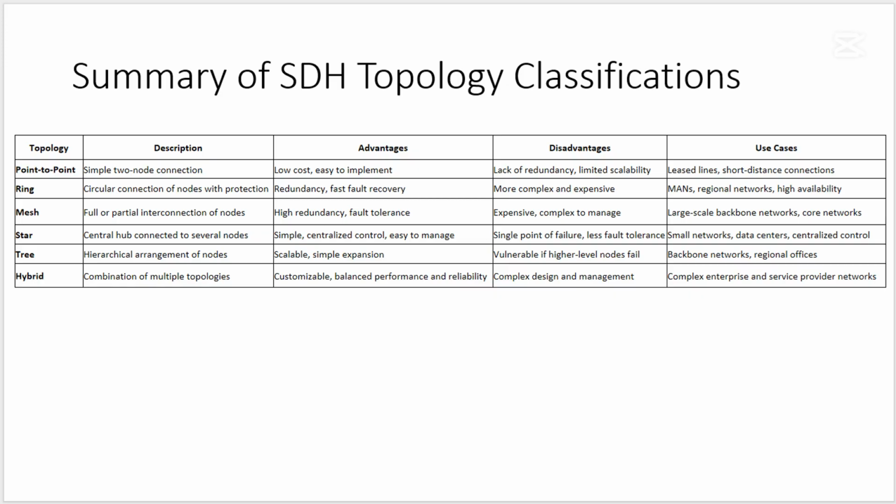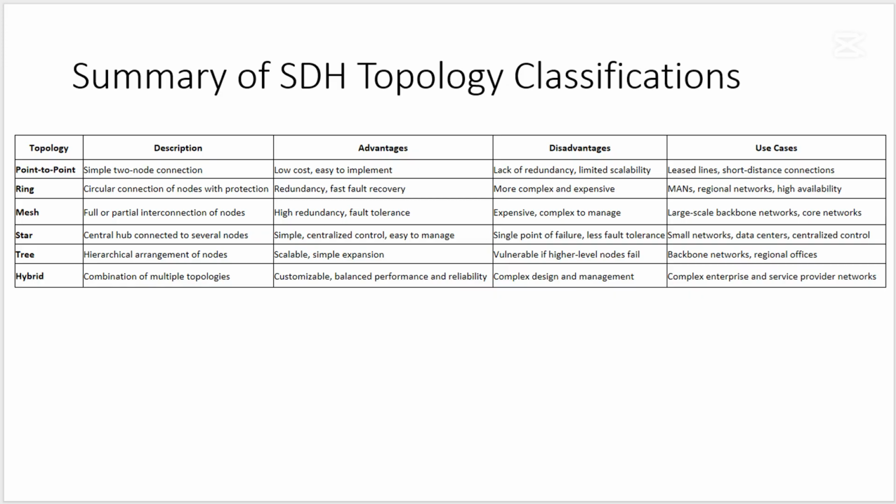Understanding the different topologies, point-to-point, ring, mesh, star, and tree, along with the protection and recovery mechanisms, is essential for designing and maintaining efficient SDH-based networks. The choice of topology in an SDH depends on factors like requirements, redundancy, fault tolerance, scalability, and cost considerations.